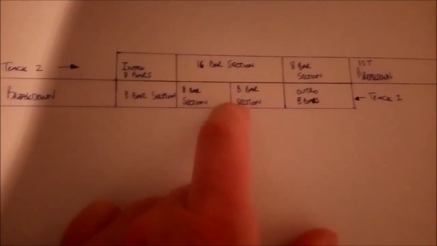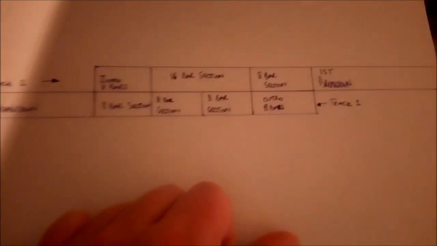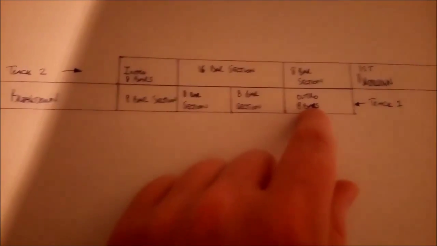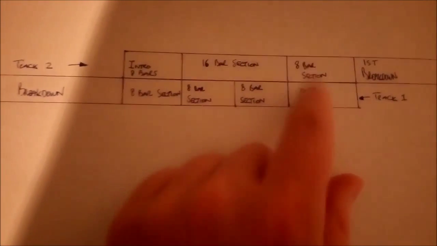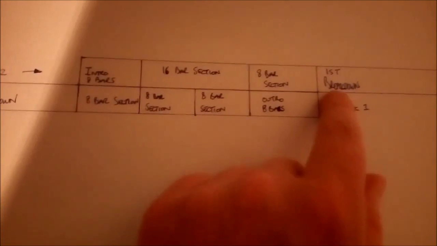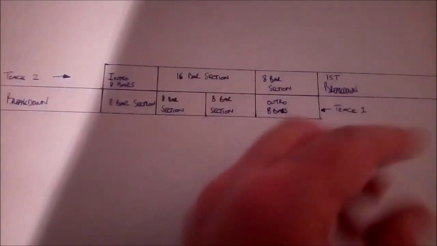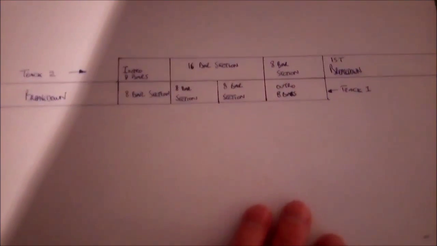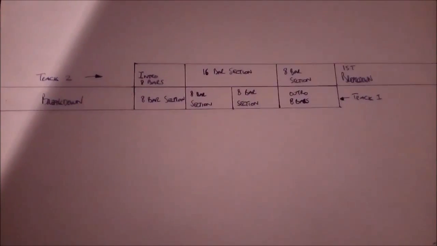Obviously there'll be a change in the middle on the 8-bar that there won't be on the 16-bar section, but it picks back up again, still perfectly synced up in the phrases, to go back into the 2 8-bar sections again on that outro, and then it gets into the first minor breakdown that some tracks usually have. That's just an example of a mix that's been jigsawed, if you like, together via phrasing, on paper, as to what's actually happening.